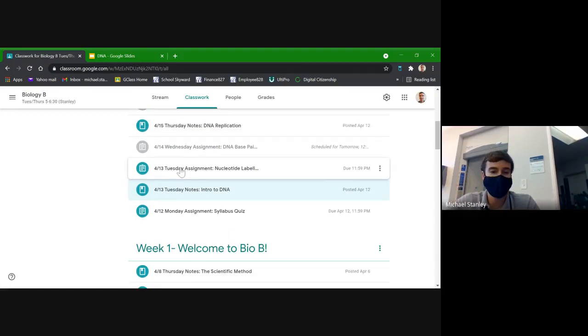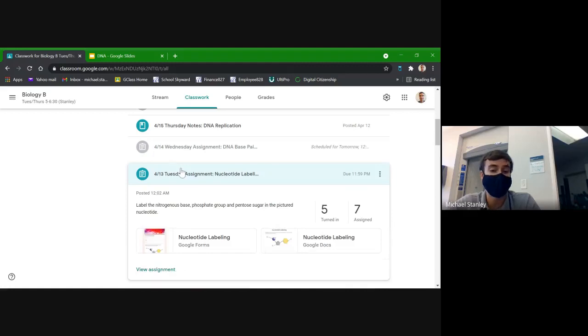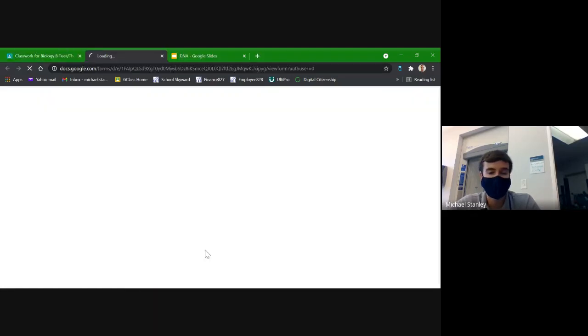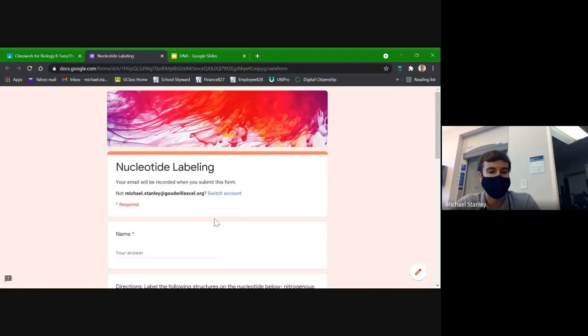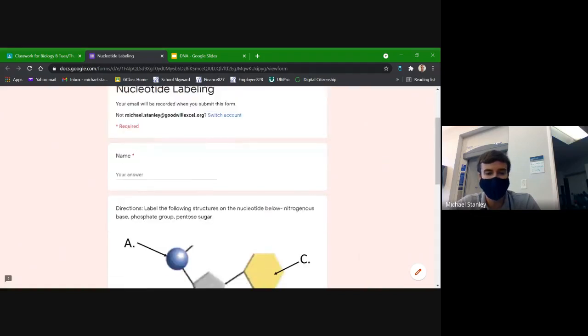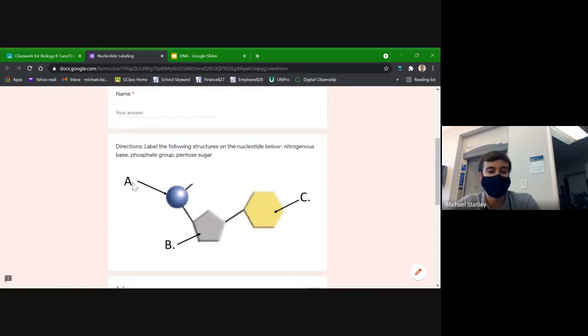For today's homework, it's a really simple nucleotide labeling assignment where I have provided a basic nucleotide structure. All I want you to do is label which one of these is pointing to the base, which one is pointing to the phosphate group, and which one is pointing to the sugar.